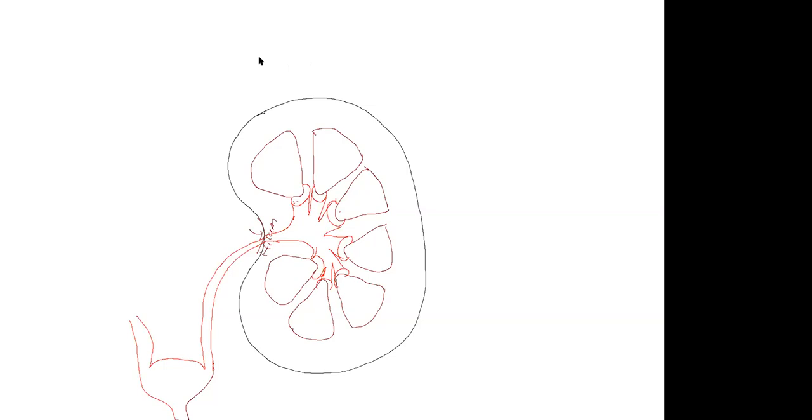No? Okay. All right. So now what we're going to do is label this. So this outer part is called the cortex of the kidney. I'm going to say that most nephrons are here.